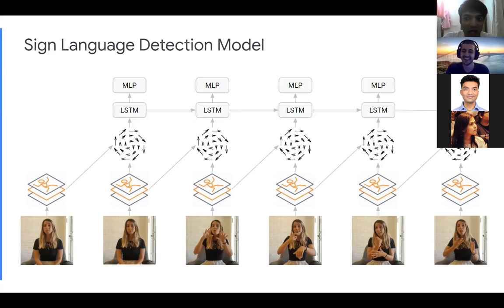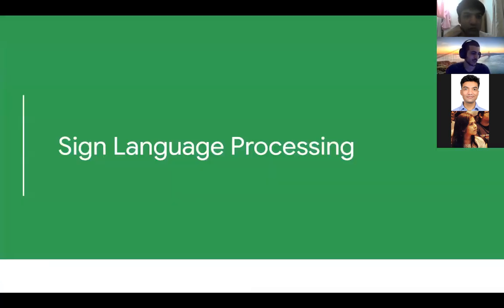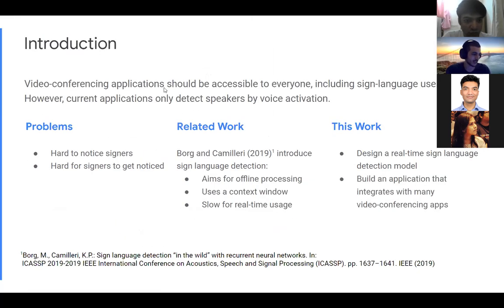Also, Amit, before we let you go, one last question. Was there anything specific asked by the reviewers? Yeah, there is one specific thing that came from the reviewers, which was that there is a previous work about sign language detection, the Borg and Camgöz dataset.